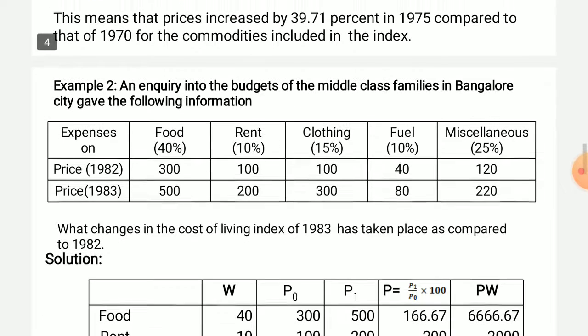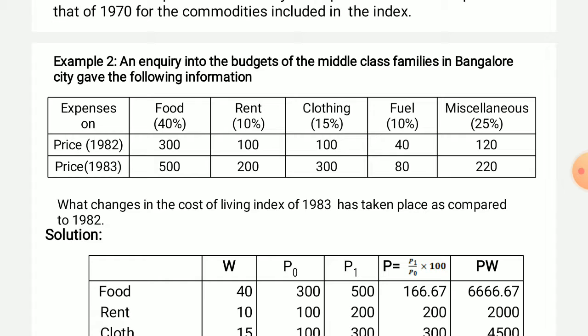Now take the second problem. An inquiry into the budgets of the middle class families in Bangalore city gave the following information. And the expenses made on several items are given. Expenses on food 40%, rent 10%, clothing 15%, fuel 10%, and miscellaneous 25%.